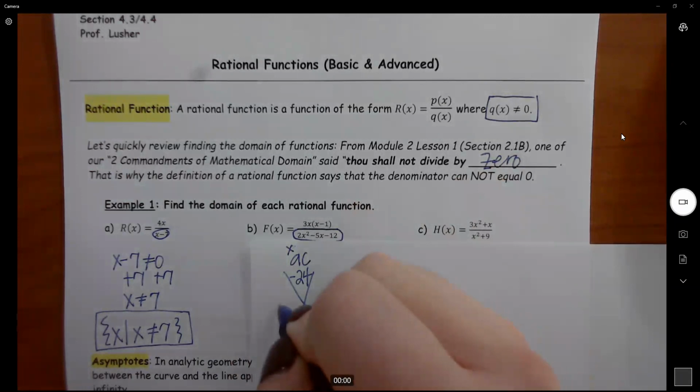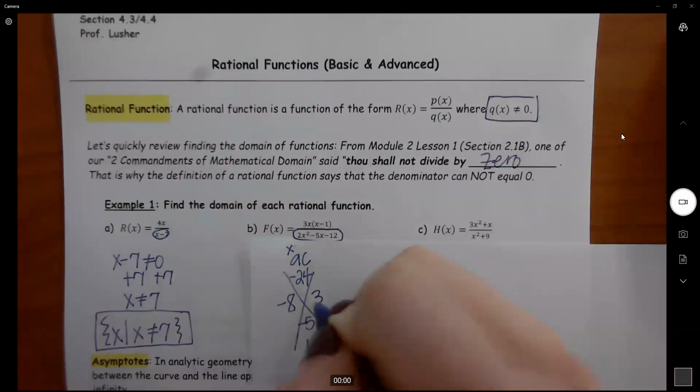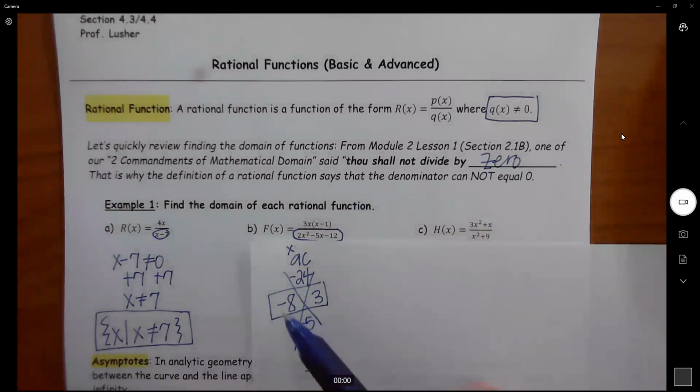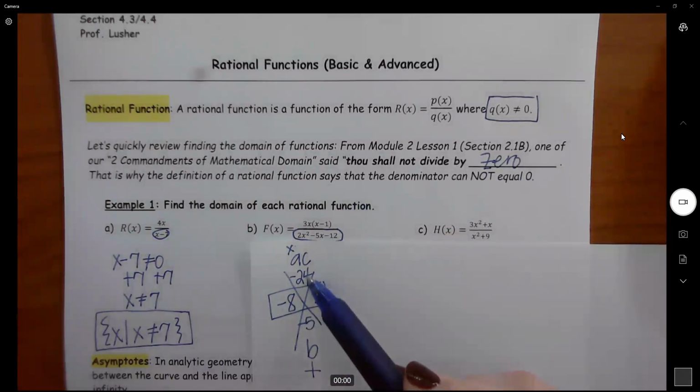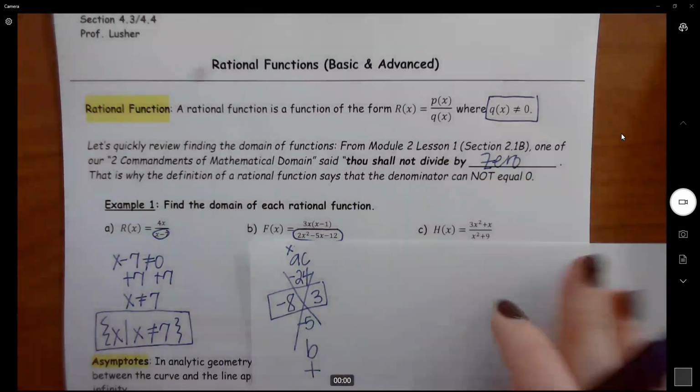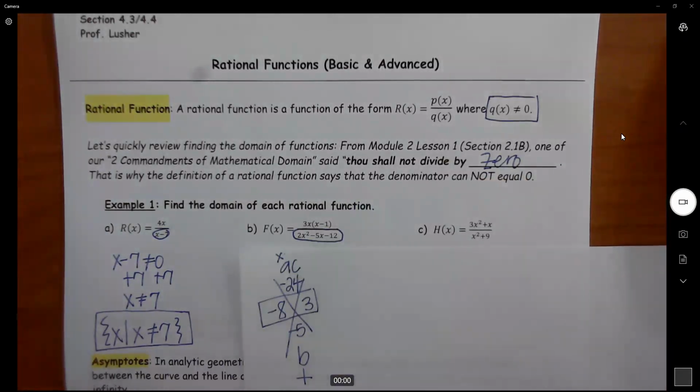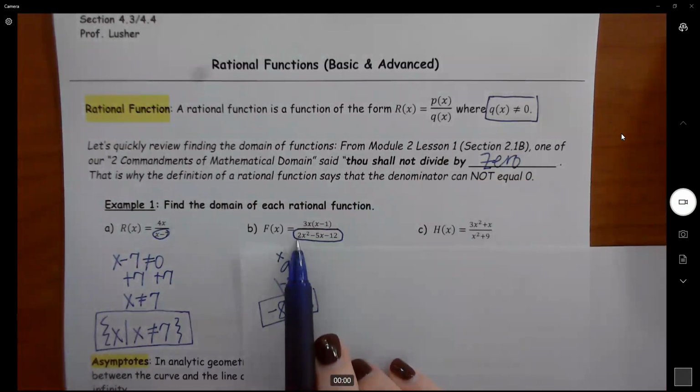Hopefully you thought that through, and we get negative 8 and 3. Negative 8 times 3 gives me negative 24, and when I add these 2 together, we get negative 5. Because my A is something other than 1, this is a hard trinomial.